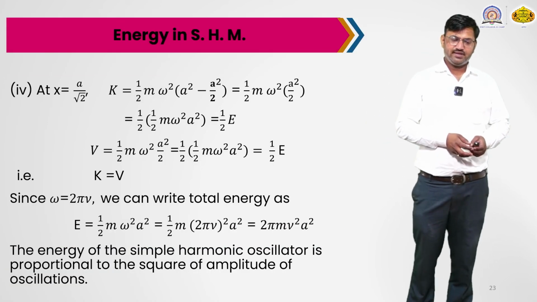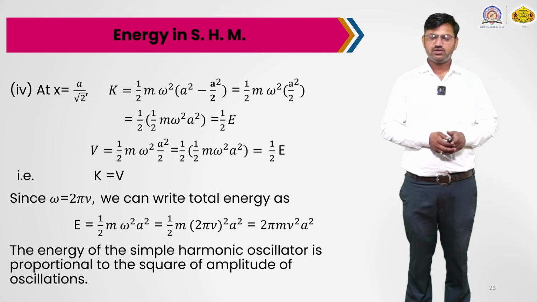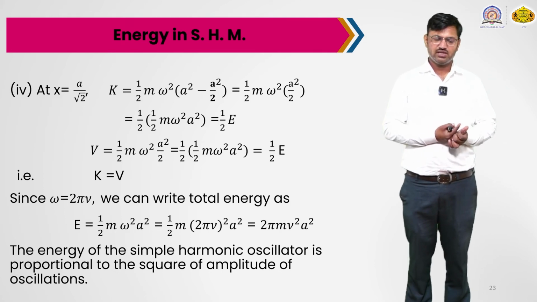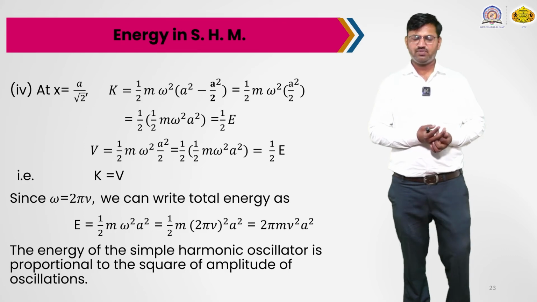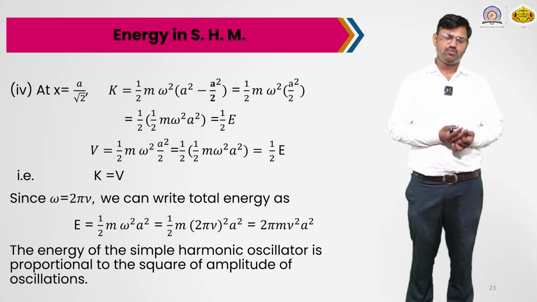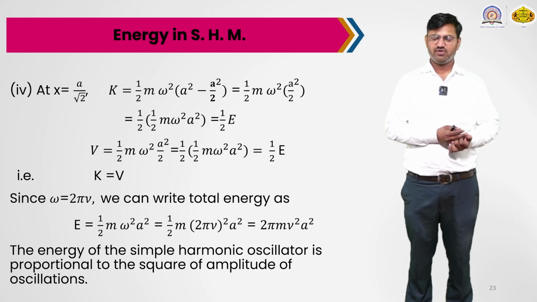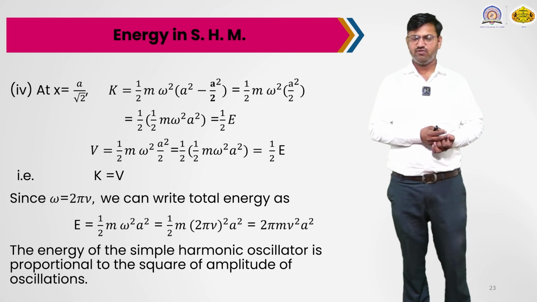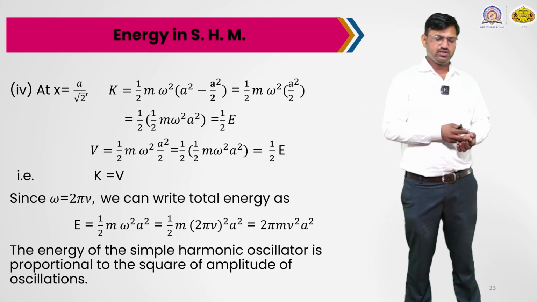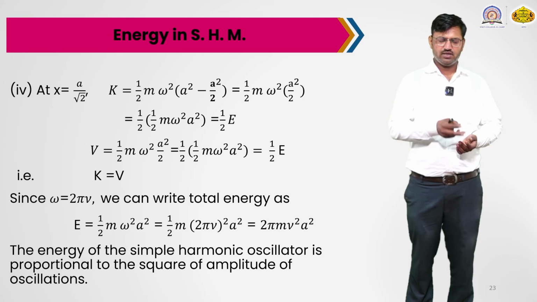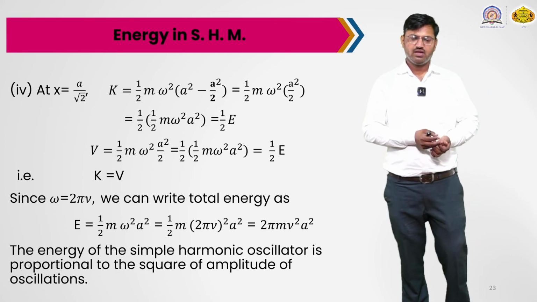Next, at x is equal to a upon square root of 2, means the position of the particle is a upon square root of 2. Therefore, the kinetic energy is half of E. This solution is on the screen.